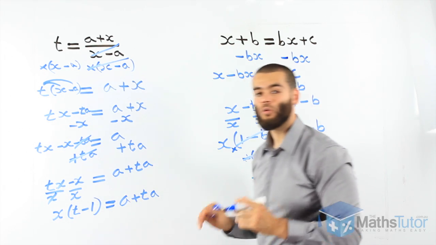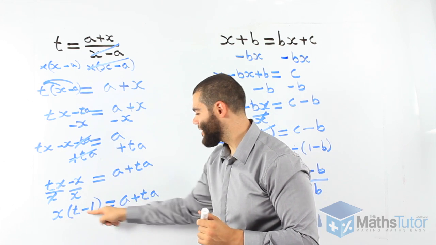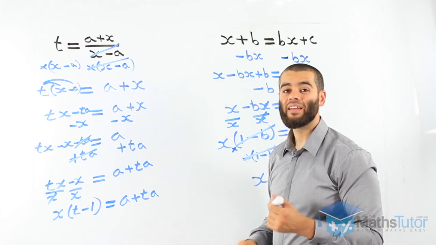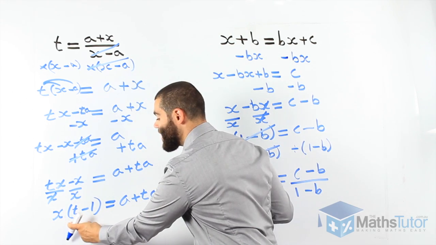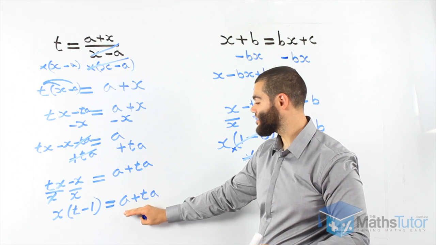So now, what's the last step? There's a times. X times everything. The opposite of times is divide. We're going to divide by t minus 1 and divide by t minus 1 on this side as well.